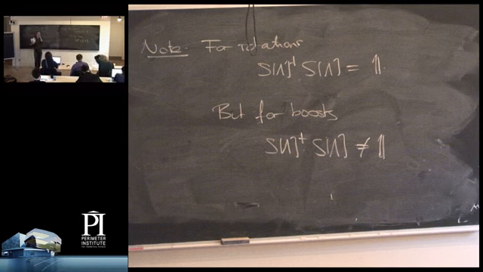Okay? This is actually a general statement. There are no finite dimensional unitary representations of the Lorentz group. Okay? And here we're seeing an explicit example in this case.